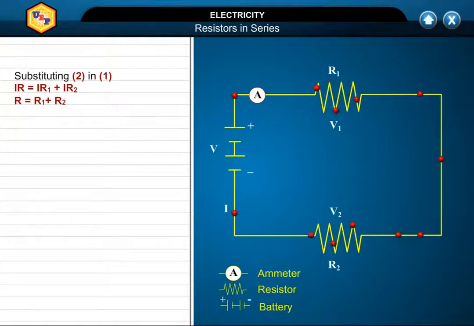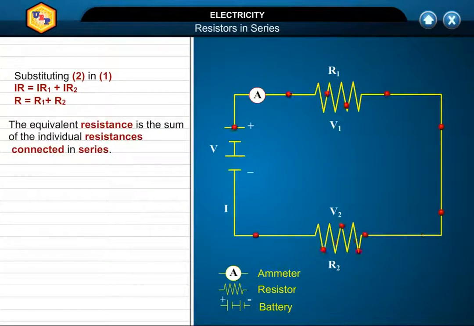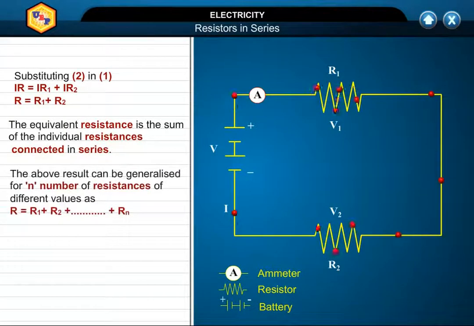That gives R is equal to R1 plus R2. The equivalent resistance is the sum of the individual resistances connected in series. The above result can be generalized for n number of resistances of different values as R is equal to R1 plus R2 plus ... plus Rn.